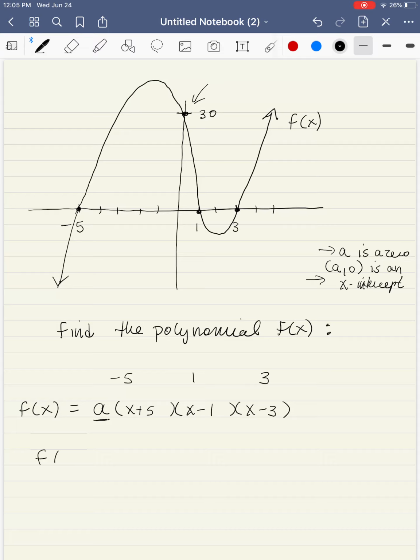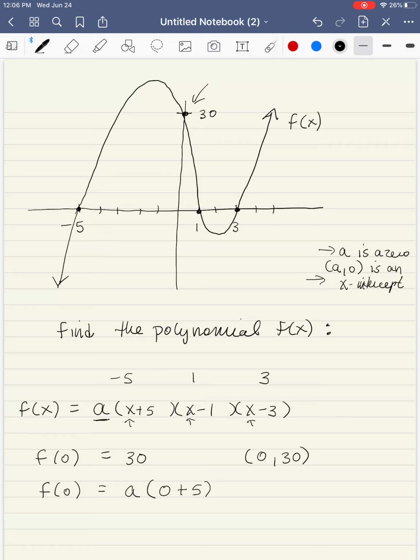Let's talk about a here. That's where the y-intercept comes into play. We know that f of 0 is equal to 30. We have the point (0, 30). That is our y-intercept.